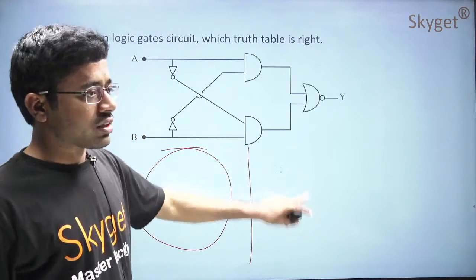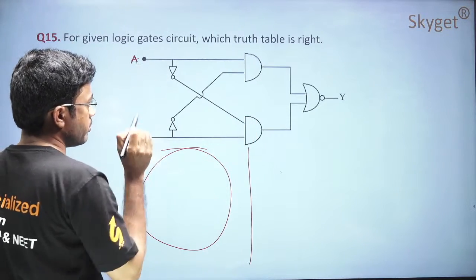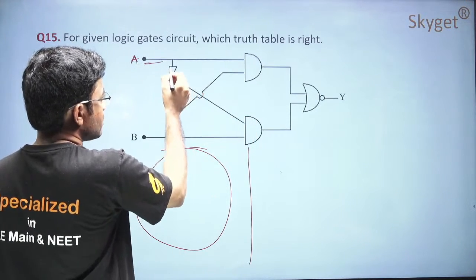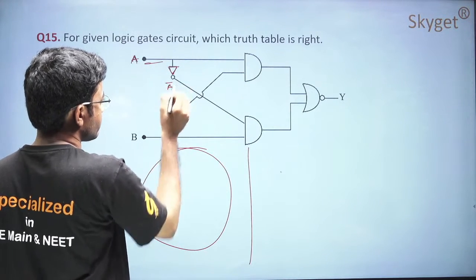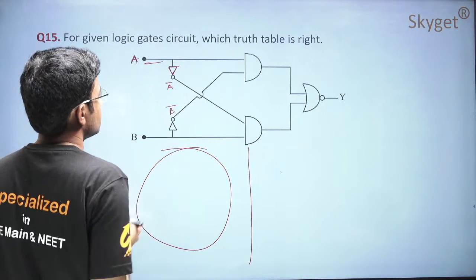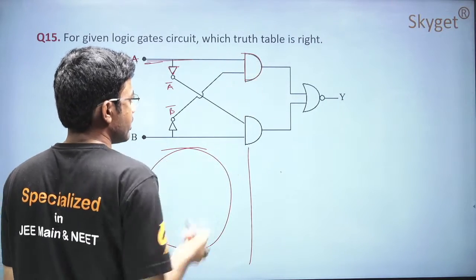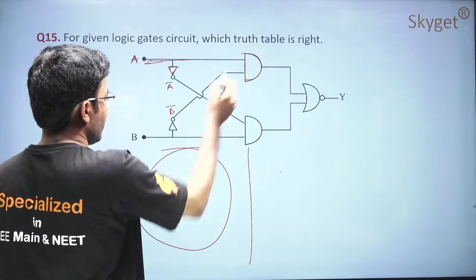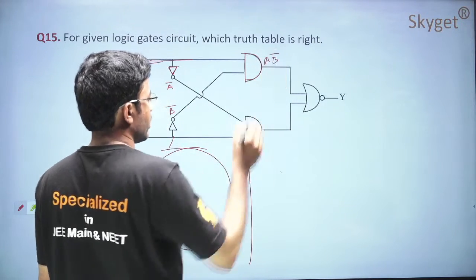If you look at the shortcut, this is the input A and this is the input B. This is one NOT gate, so A becomes A bar here. B is applied to the NOT gate, giving B bar. So to this AND gate, A and B bar are applied, so it becomes A into B bar.